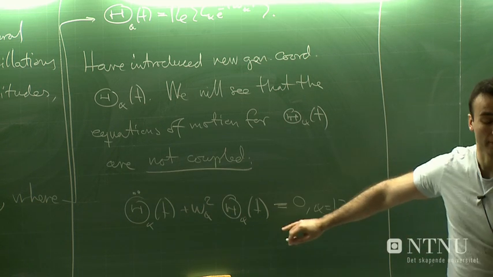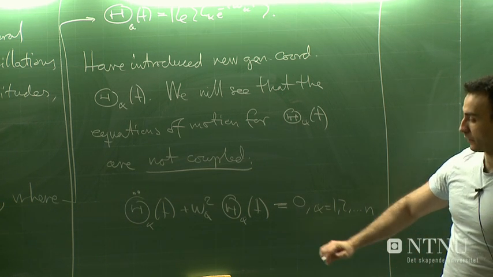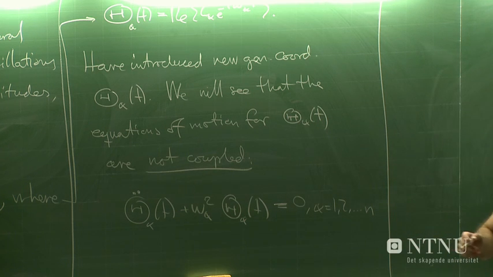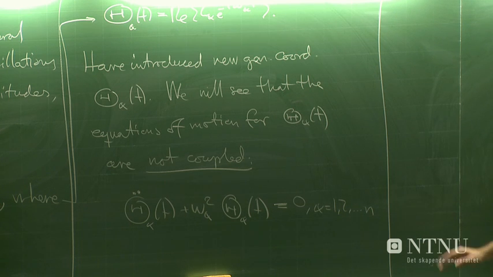And in fact, they will look like this. Now this is exactly the 1D harmonic oscillator. There's no coupling. So we have one equation of motion for each mode, each eigenfrequency here. So this is trivial to solve for large theta.